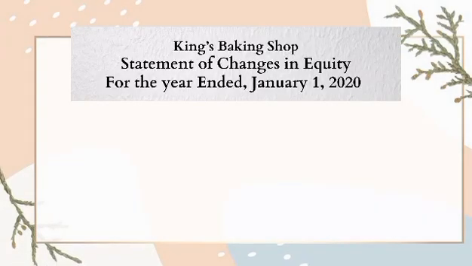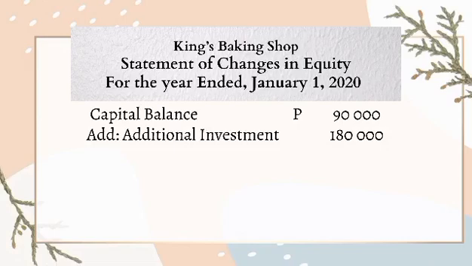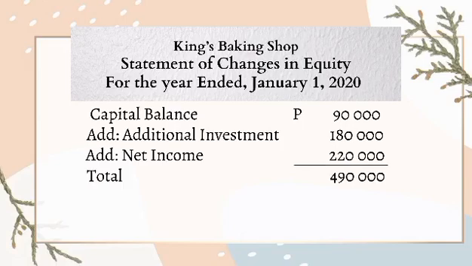Just like what we did earlier, we need to prepare the heading. After that, we report the capital at the beginning of the period, which is 90,000. Next step is to add all the contributions, and we have here the additional investment made by the owner and net income amounting to 220,000, and then we are also going to compute its total.